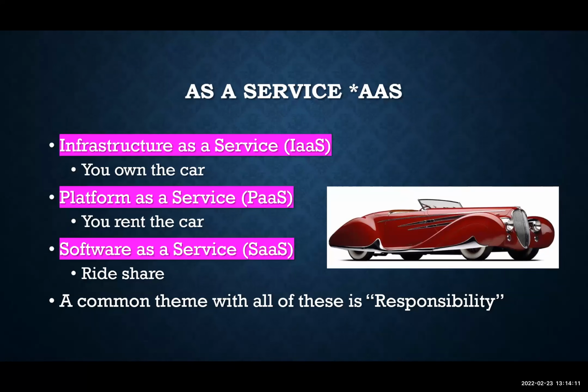And if you neglect to maintain your operating system or your database or your API or anything that you're exposing and you get compromised, that's, as we say, on you. That's your fault. And you have full control over your infrastructure. You have full control over your operating systems. You have full control over your APIs. That's your code, your deployment, your configuration, your firewall rules. You own the car.